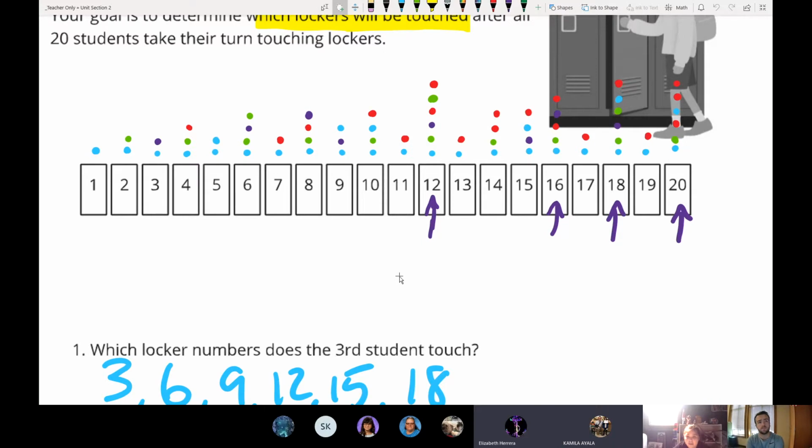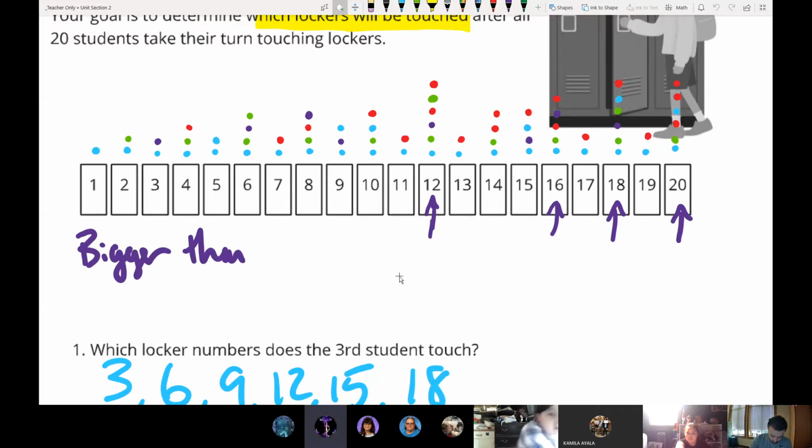They all have ones in front, except for 20. Except for 20. So they're all maybe bigger than 10. All right, so they're all bigger than 10. They're all bigger numbers.